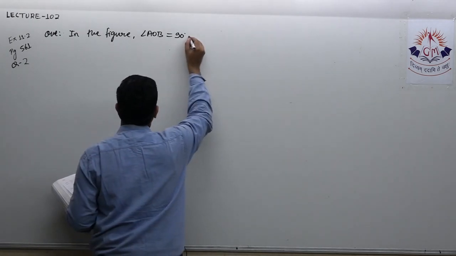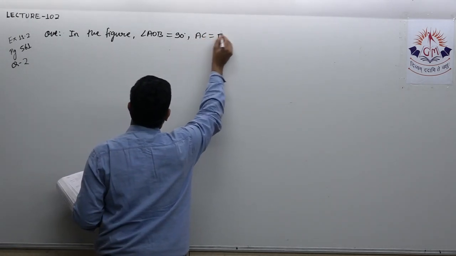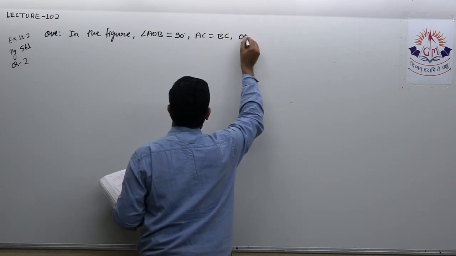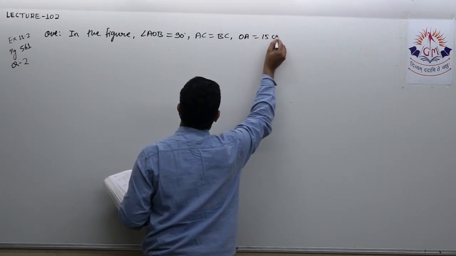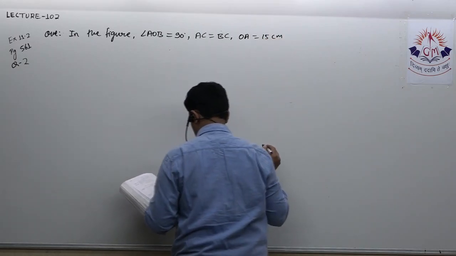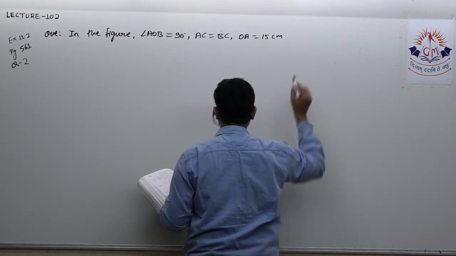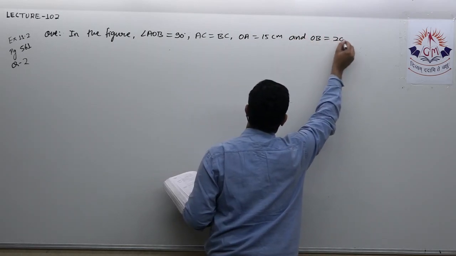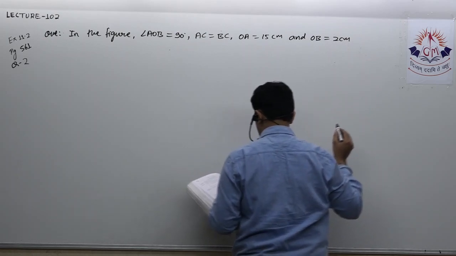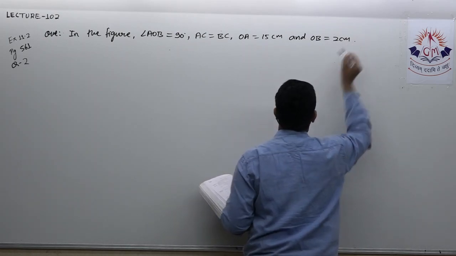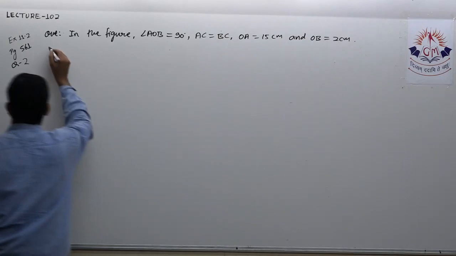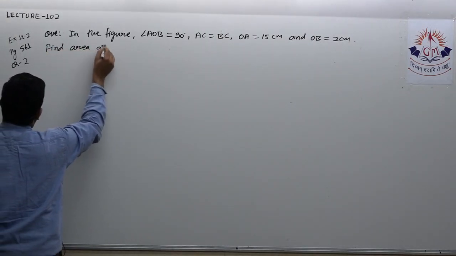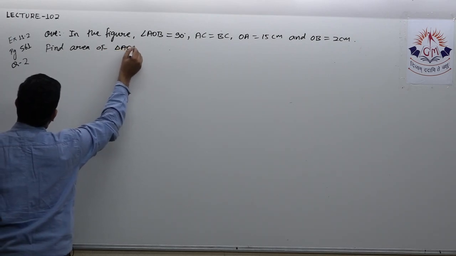AC is equal to BC. OA is equal to 15 centimeter, and OB is equal to 2 centimeter. Find the area of triangle AOB.